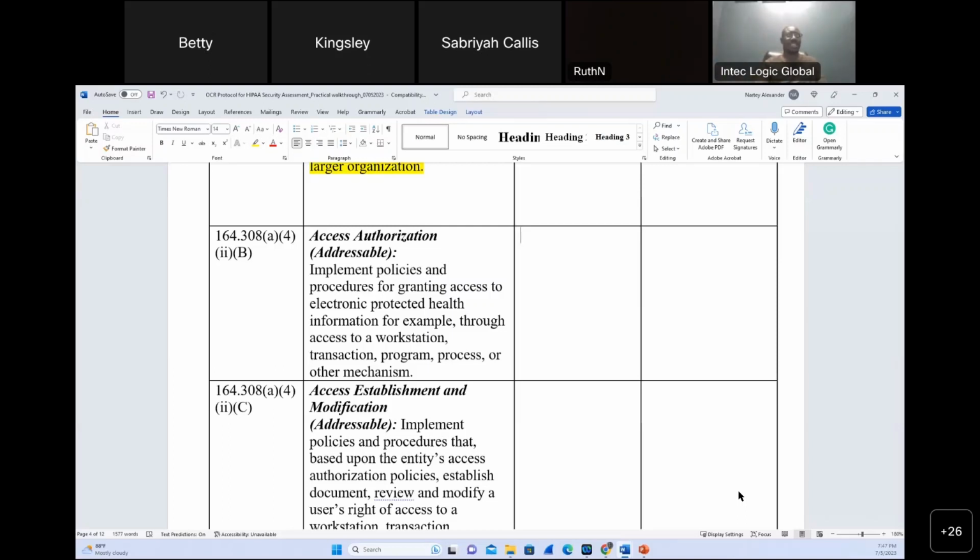Implement policies and procedures for granting access to electronic protected health information, for example, through access to a workstation, transactions, programs, processes, or other mechanisms. So what document, Betty? Yeah, we're going to use the access control documents, I think, for both. Access control policy. That is true, right?